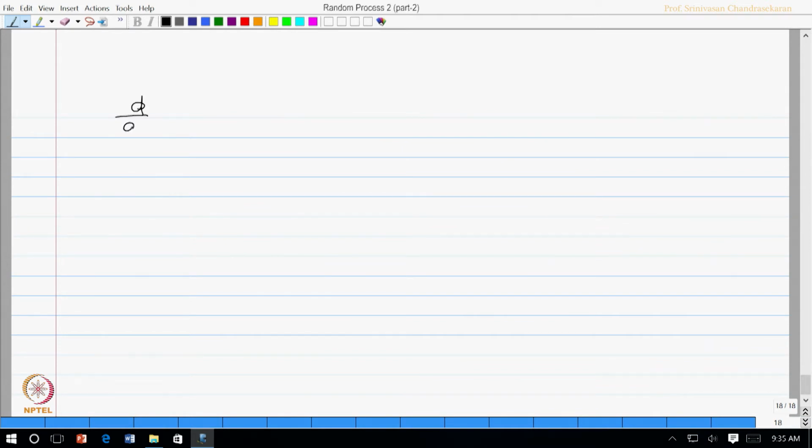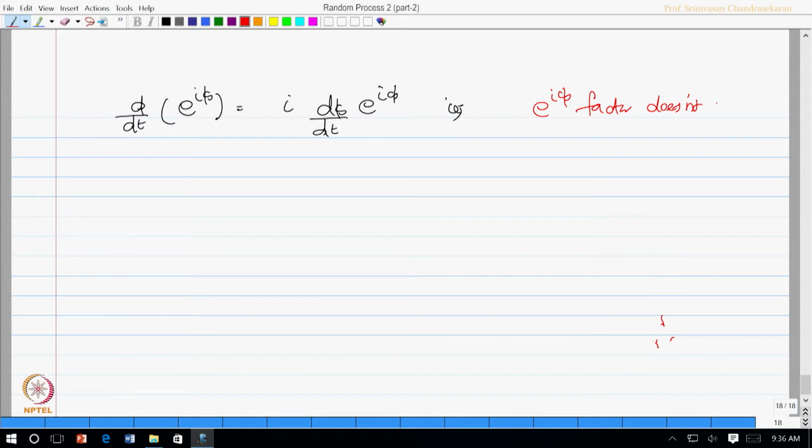So, d by dt of e power i phi is i times e power i phi; that is, the e power i phi factor does not change. Okay, that is one important point.